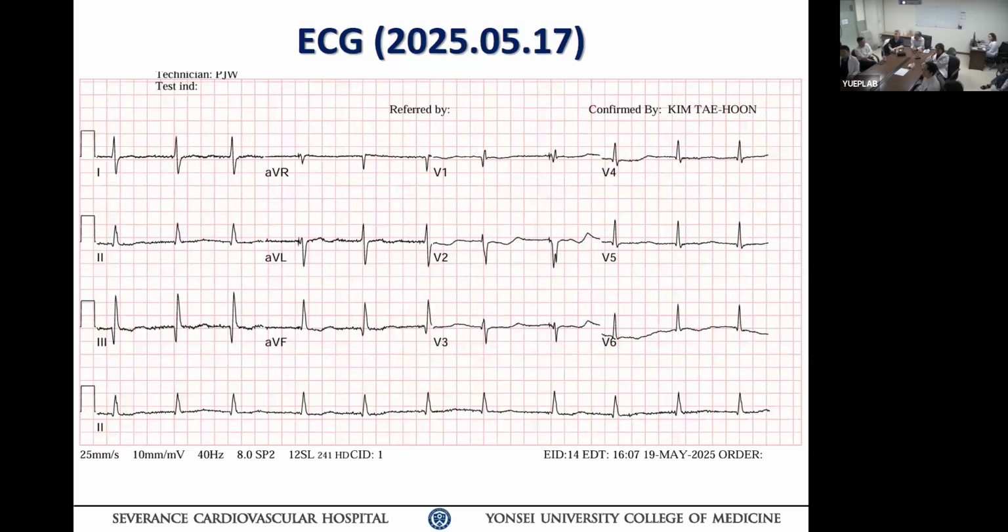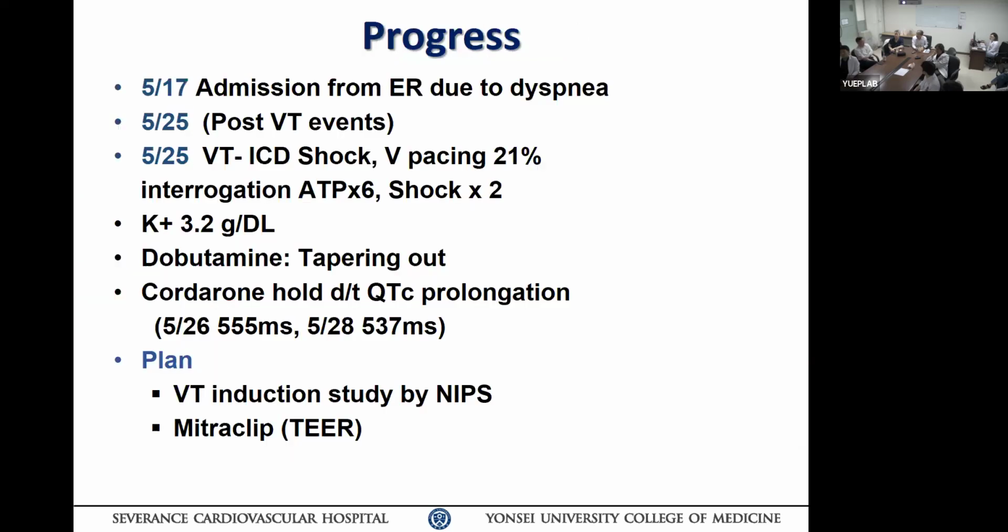So we discussed with the heart failure physicians, because surgeons are not willing to do redo surgery. They're planning to clip the mitral valve, but the ejection fraction is probably overestimated because of the MR. So after the repair, if the ejection fraction is reduced, then we can upgrade to a CRT-D.